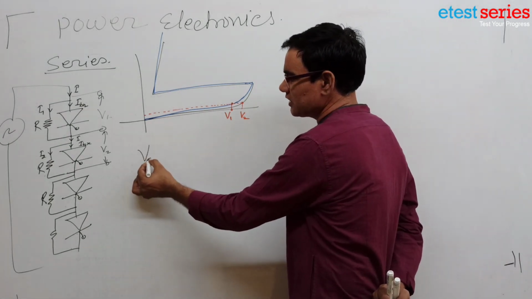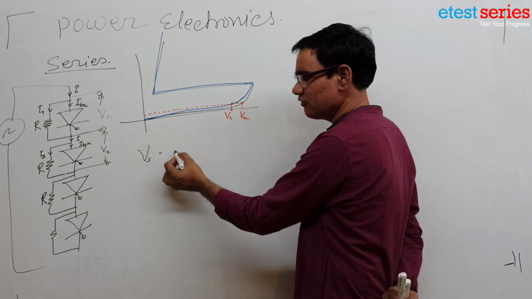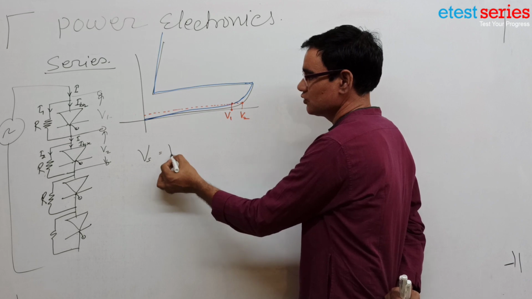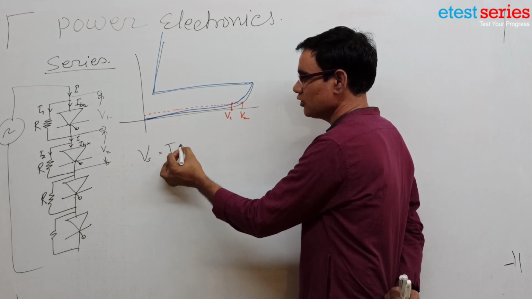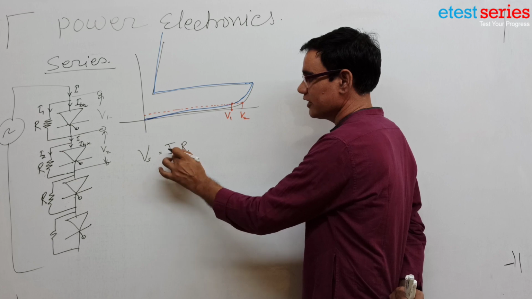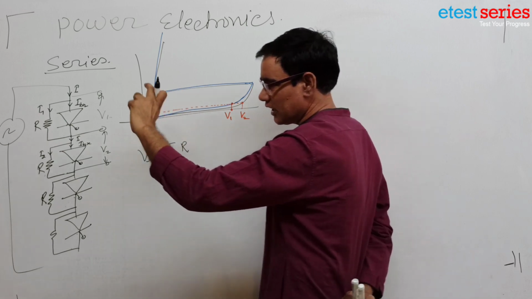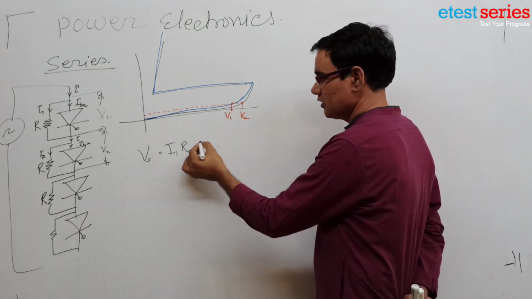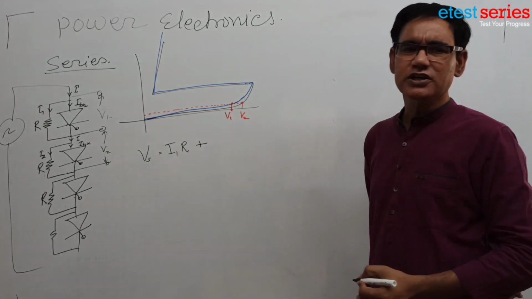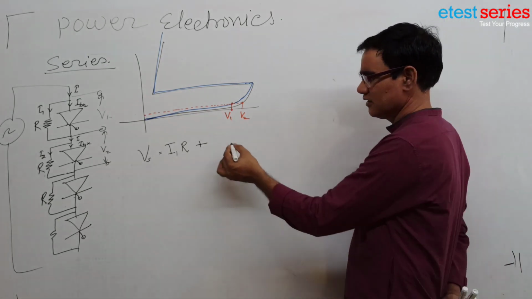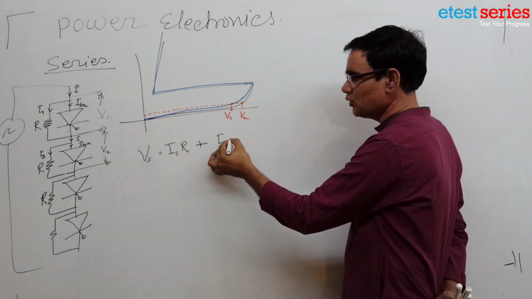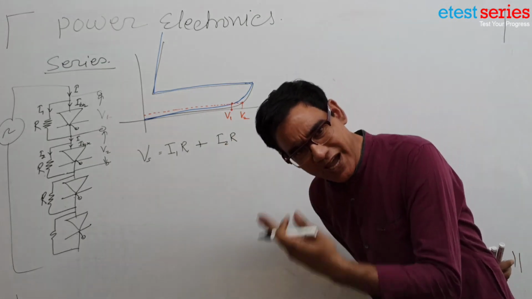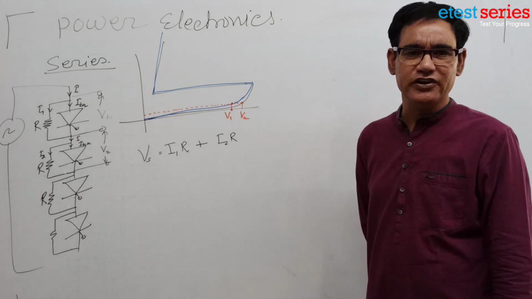So the source voltage is supplied to the first one, and the first one's voltage drop is I1 into R, that is the voltage across the first, plus the voltage across the second, that is I2 into R, and there are n number of SCRs connected in a string.